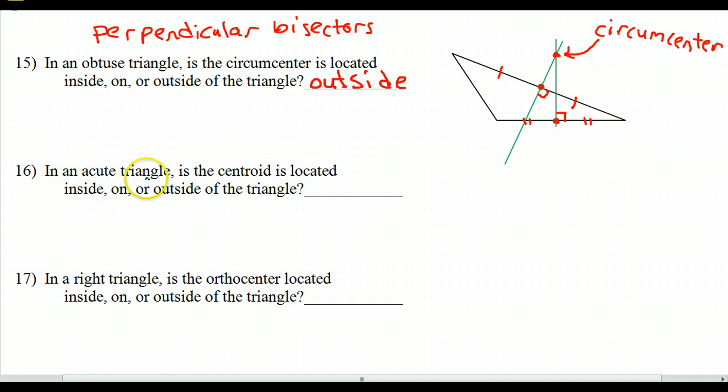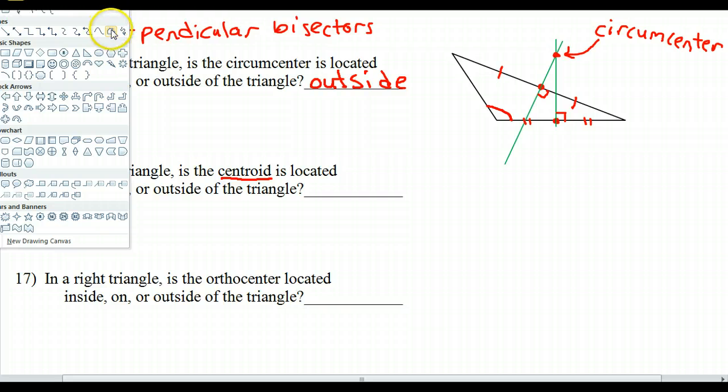Okay, let's do the next one. In an acute triangle, is the centroid located inside, on, or outside the triangle? So there's two key words there, acute triangle and centroid. All right. Hopefully you knew that an obtuse triangle was one where you had an angle that was bigger than 90 degrees. An acute triangle will be one where all the angles are less than 90 degrees.